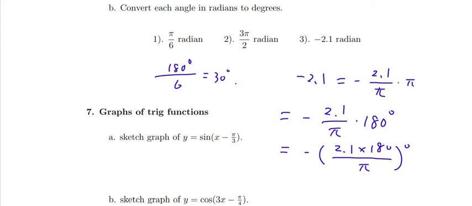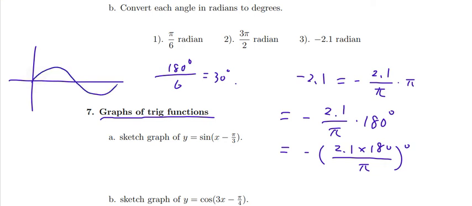Now once we introduce radians, we can consider graphs. For the graph of sine or cosine, remember 5 points. The sine graph goes 0, 1, 0, negative 1, 0.